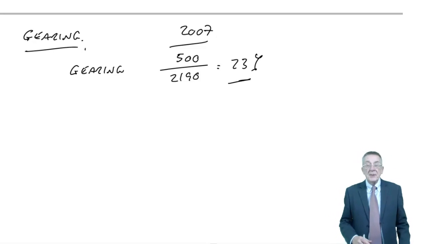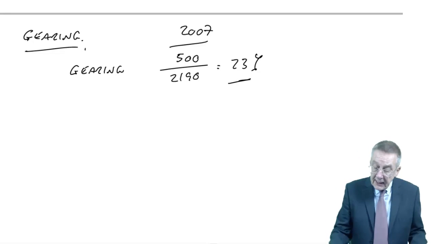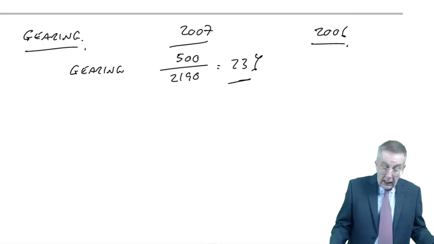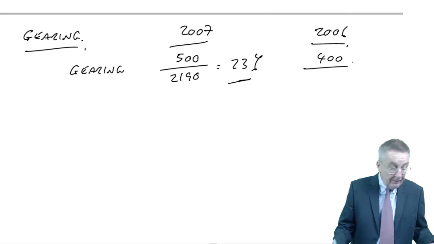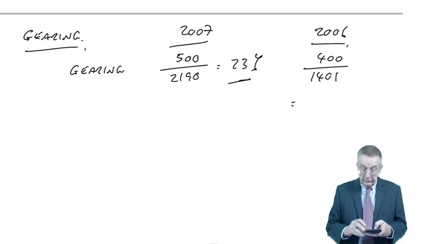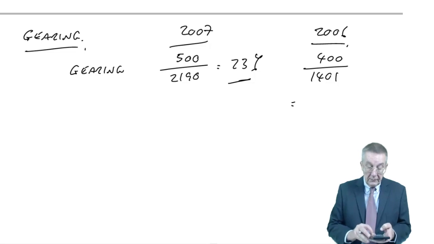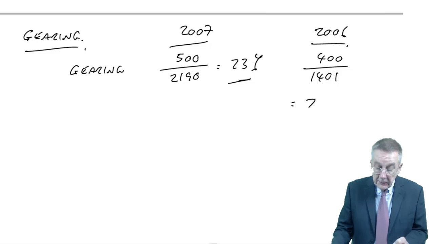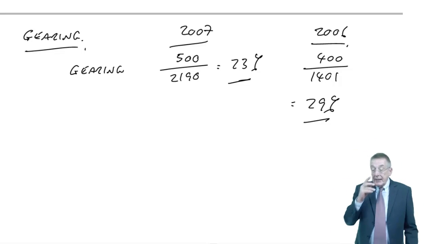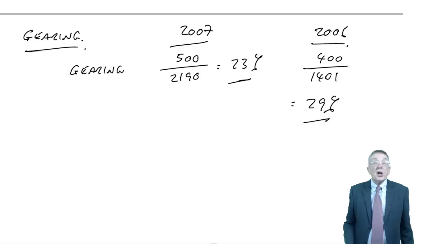So the debt is 23% of the equity. What was it last year? The debt was 400, shareholders' money 1401. It was 29%. I'll say a few words about this in a minute, but clearly the gearing has gone down this year.